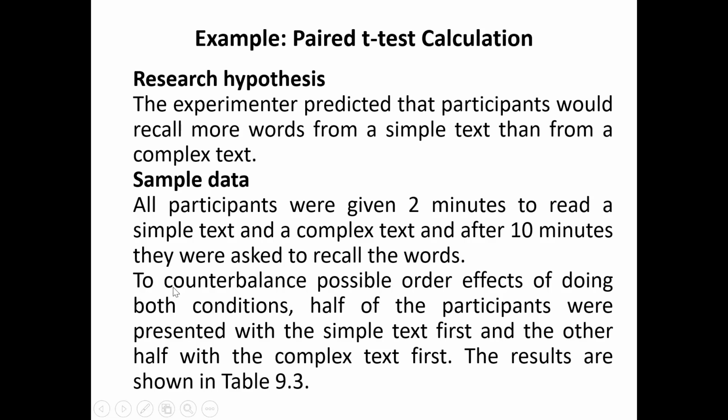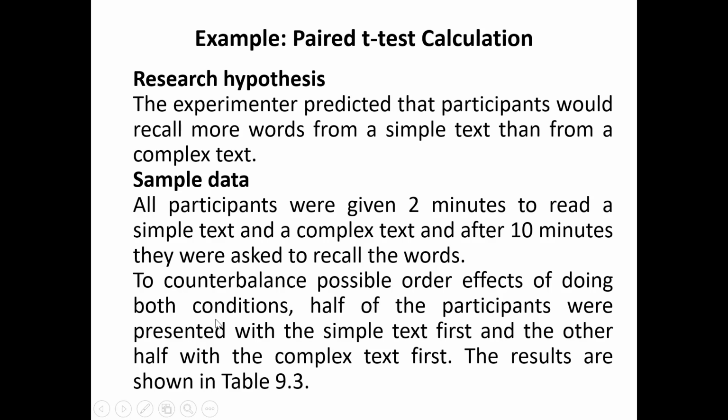But it's important that you know that we have the problem of other effects. So we have to counterbalance. So assuming you have a group of participants, maybe 10 involved in this experiment, all of them cannot be involved in the simple text at once and then the complex text. You may have to split them.